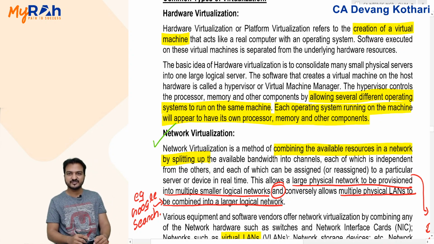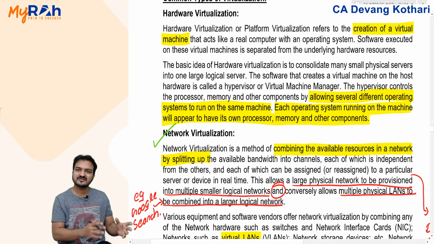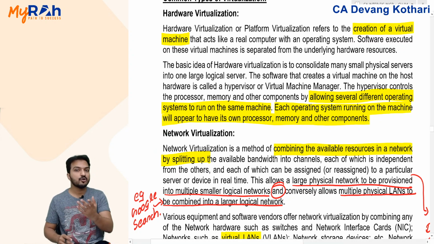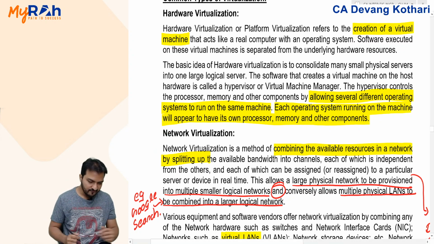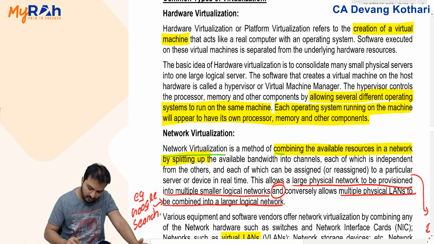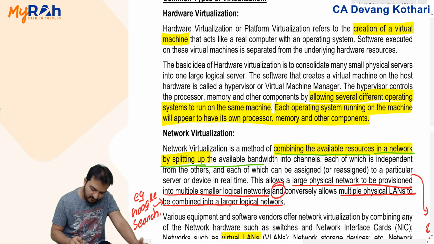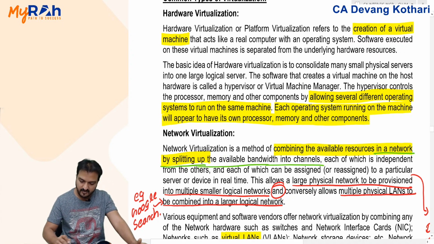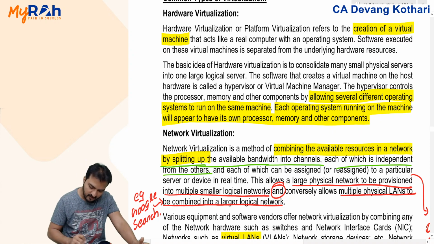Network virtualization is using the virtualization concept to create a network. Example, VPN. Network virtualization is a method of combining available resources in a network by splitting up the available bandwidth into channels, each of which is independent of the others, and each of which can be assigned to a particular server or device in real time.